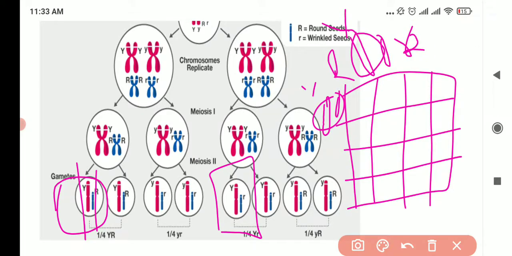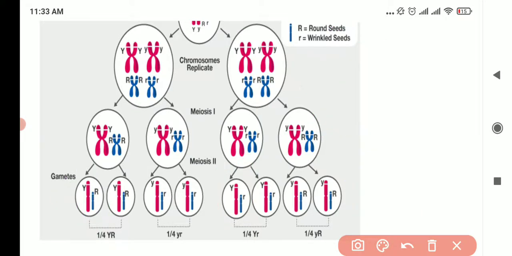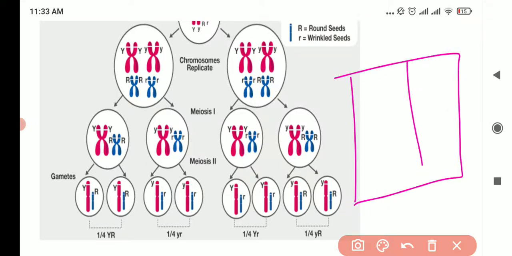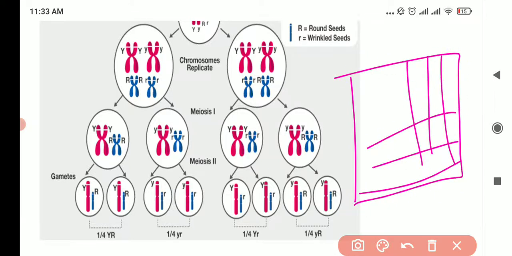Then when you combine, you will get Y chromosome and capital R, small r chromosome. Let me just draw only one square instead of drawing 4 squares, so I get enough space. Let me draw one gamete here and one here.